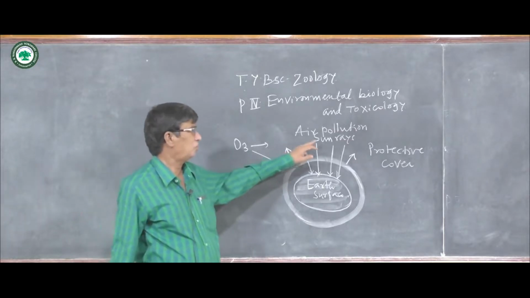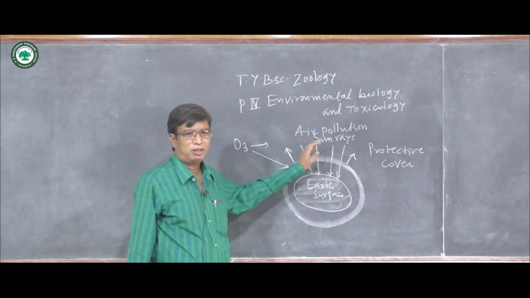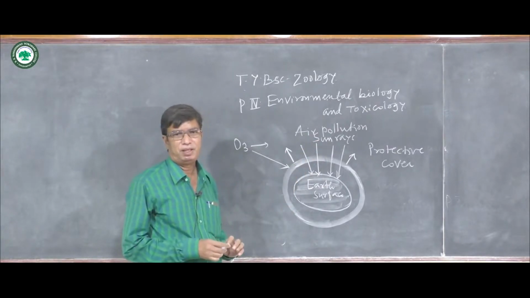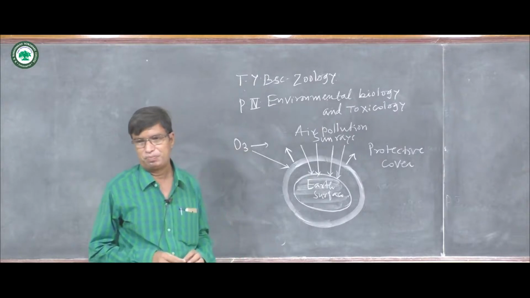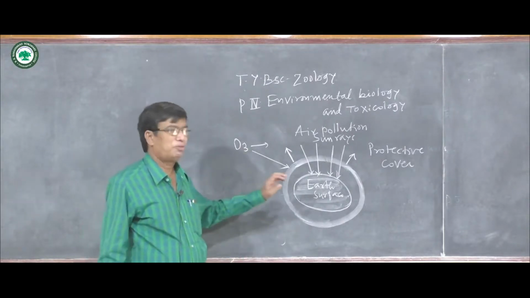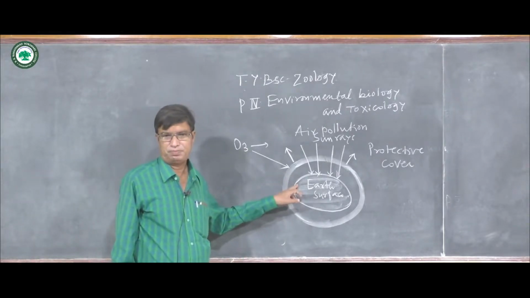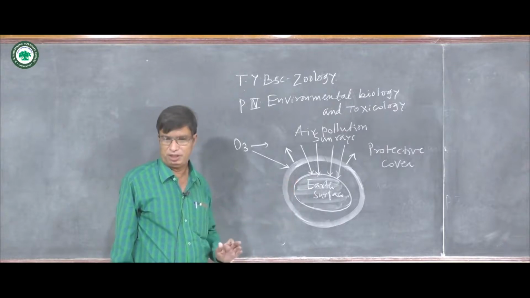Suppose when sun rays directly fall on the Earth's surface, that shows various adverse effects on the body of human beings.